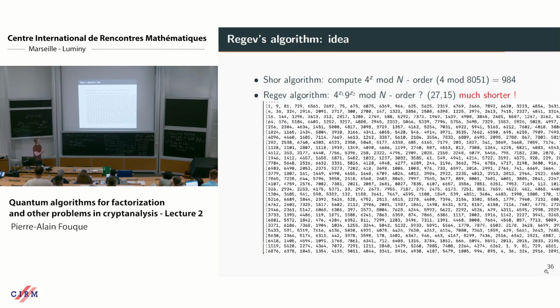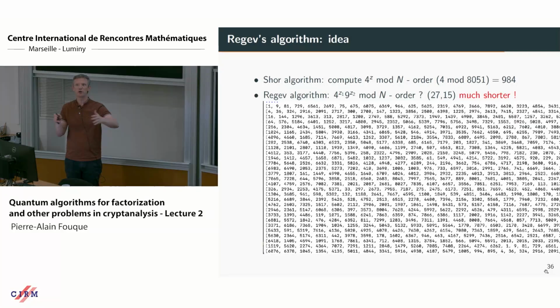So what you can see is that the period is much, much shorter than the period you have here. And this is very helpful because for Shor's algorithm, you have to raise the value up to some point, which is close to n. Here, we will be able to raise the value, but the exponent will be much shorter.